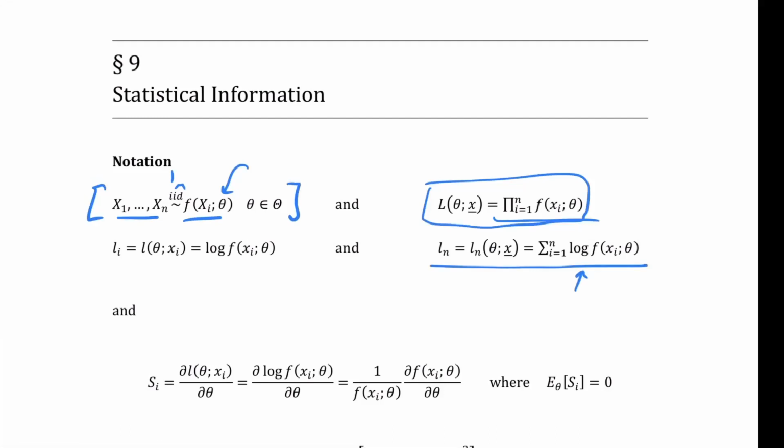And we learned from the last time what the score function is. So the score function for one observation is the derivative of the log likelihood. That's the derivative of the log likelihood with respect to theta, which we write like this. And of course, the derivative of the log of something is 1 over, and then I got to follow the chain rule for the other piece.